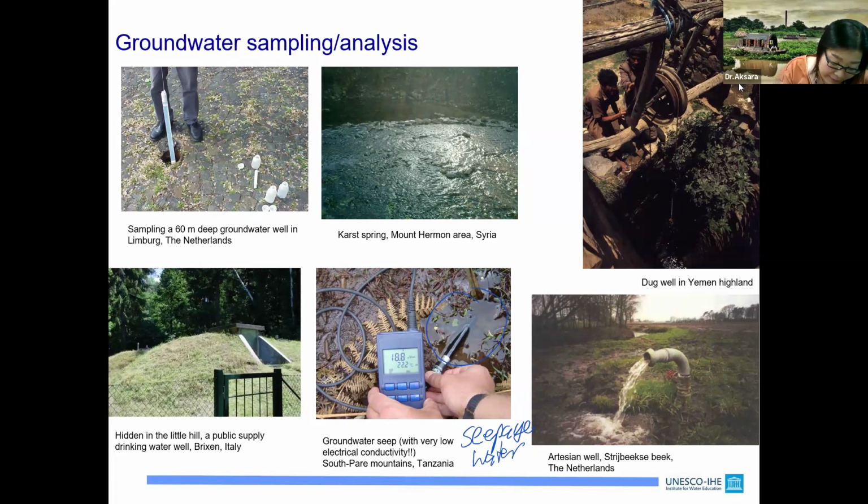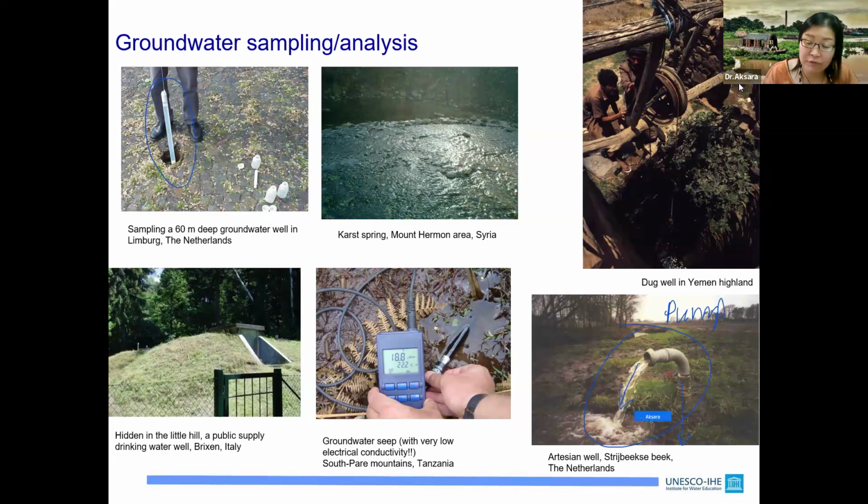Another type of groundwater sampling is where we use a pump to pump the water from deep underground to the surface, like this one. So this is the groundwater well that is dug into the underground, and you don't lower your baler into the well like that, but now you pump the water from the well out to the surface.